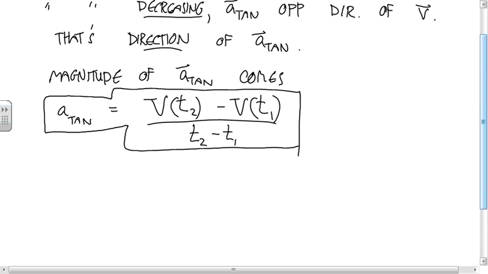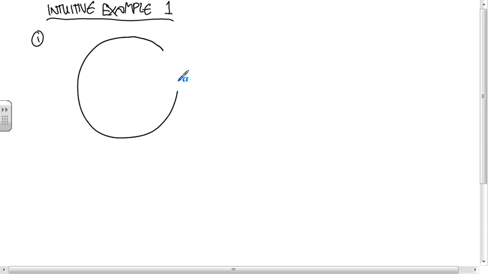Before we do an example problem, I want to do just a few kind of intuitive examples. All right, so first, let's say that something's moving in this circular path, going counterclockwise.